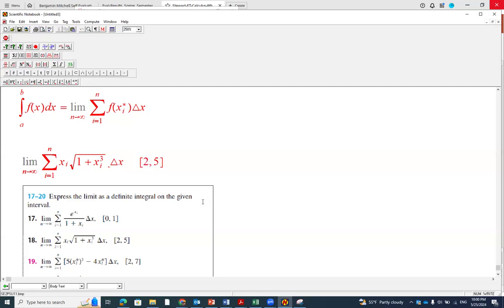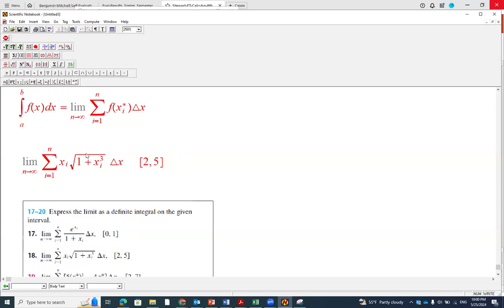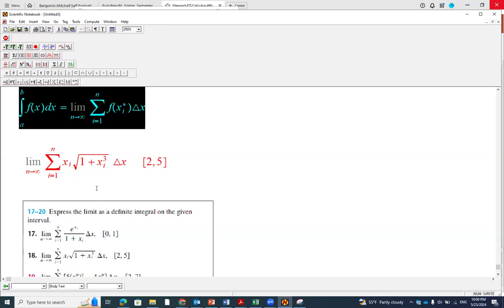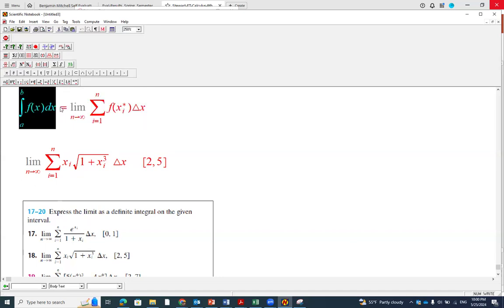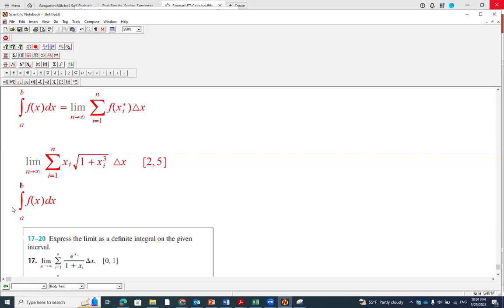So what would be the proper expression? According to the definition, it equals the integral from a to b, that's 2 to 5.